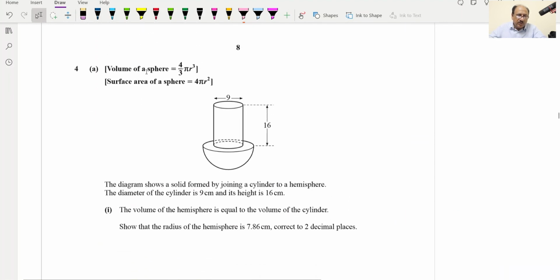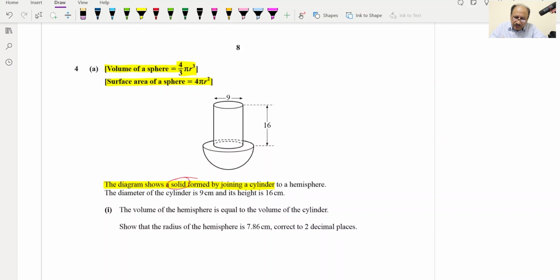Question number 4, part a. They have provided a diagram. Volume of sphere formula is provided, and surface area of sphere formula is also provided. They are saying the diagram shows a solid formed by joining a cylinder and a hemisphere. Solid is important. It means that this shape has this surface also, because this is solid.